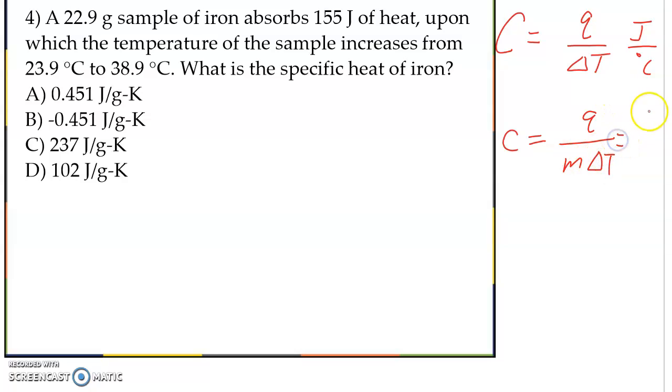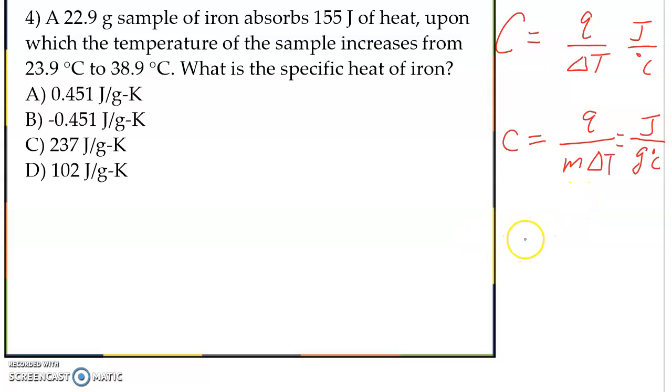Over here, Q, that's the heat, can be calories or joules, divided by mass, we can say gram or kilogram, but we have to be in the unit of mass, and then degree Celsius. 1 degree Celsius is the same as 1 degree Kelvin if you look at the difference.